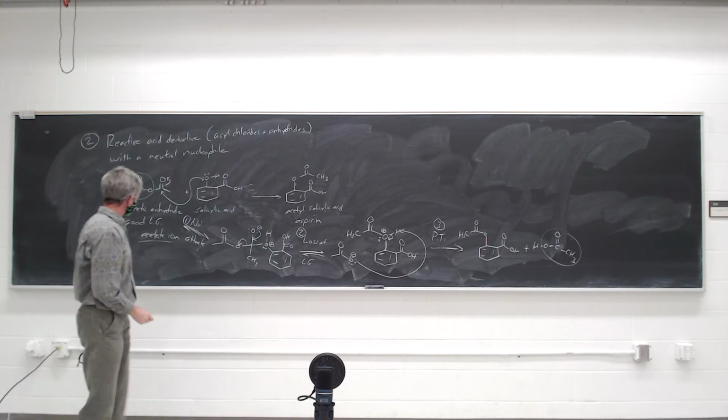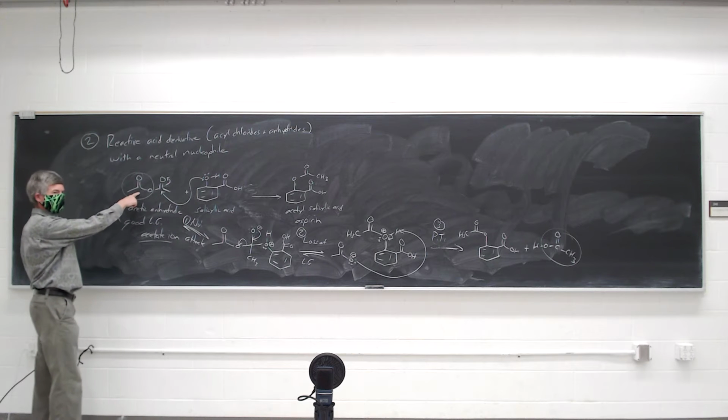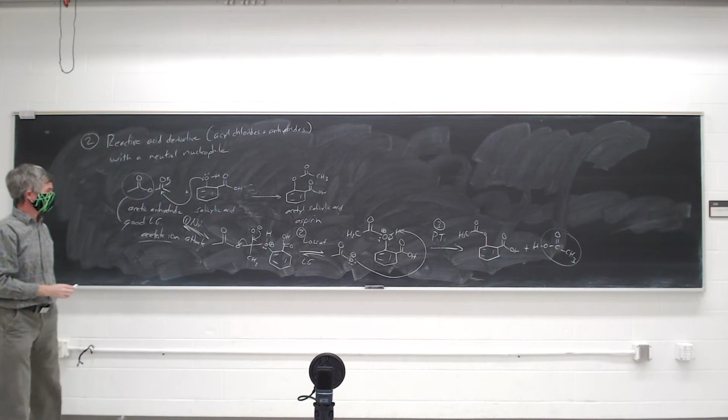So the other product is acetic acid. That acetic acid came from this circled group.